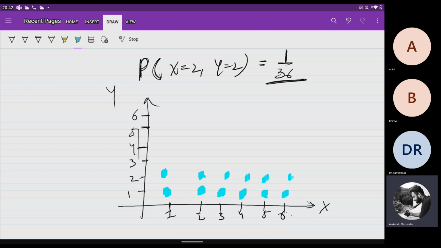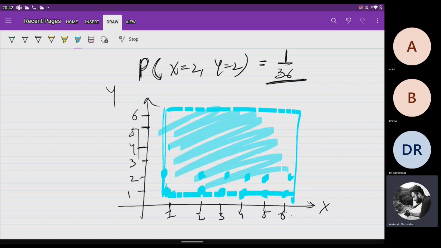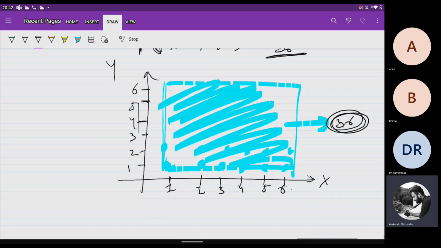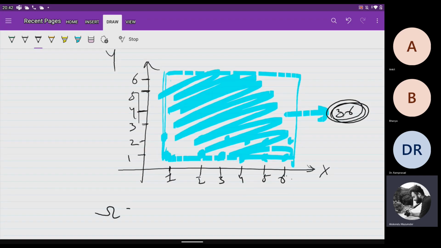When you define something jointly, I'm talking about a joint distribution here. So in total there will be how many? 36 points, right? 36 possible outcomes will be there. So my sample space has basically 36 points.